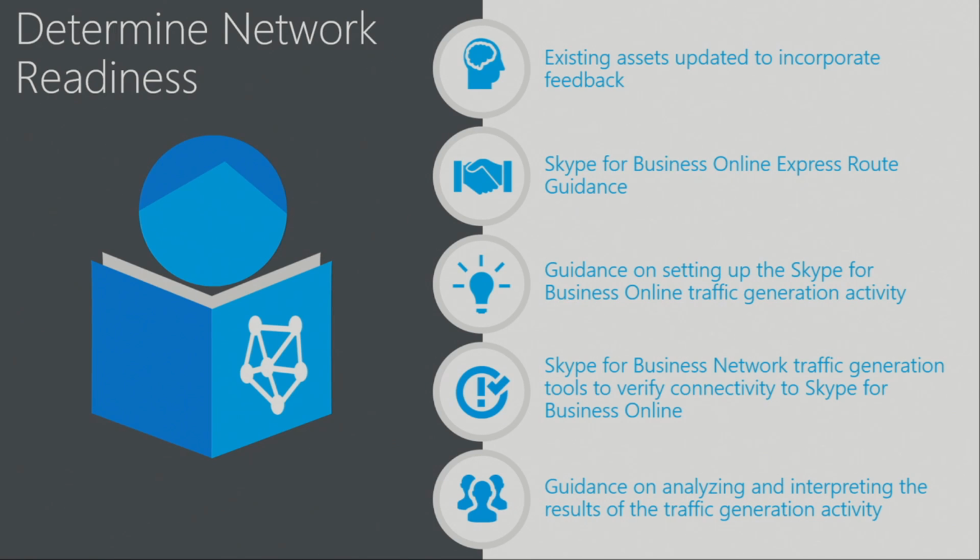Well, what does that mean? Well, in the aspects of the cloud migration offer, we took our existing assets that we had for network readiness and we revved them, we updated them to incorporate, number one, feedback that we heard from the community. Number two, we updated it to include new initiatives that we weren't able to get out the door in V1, right?